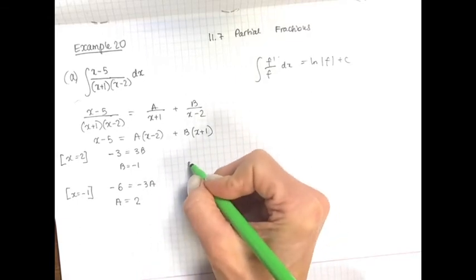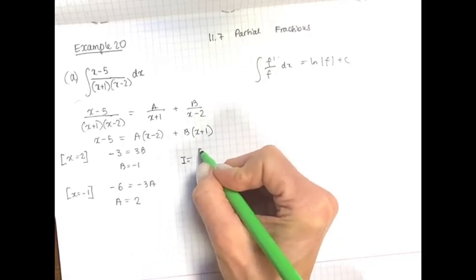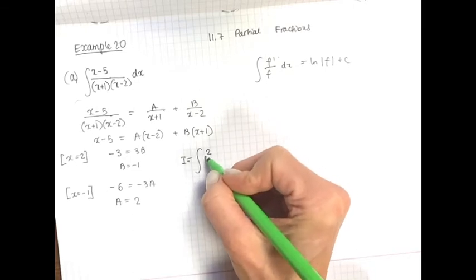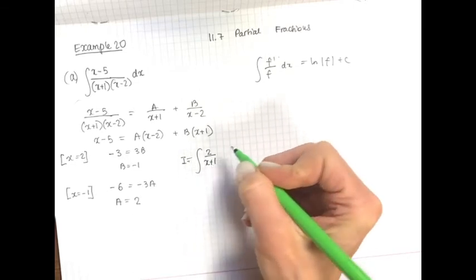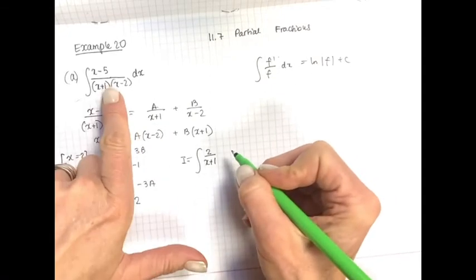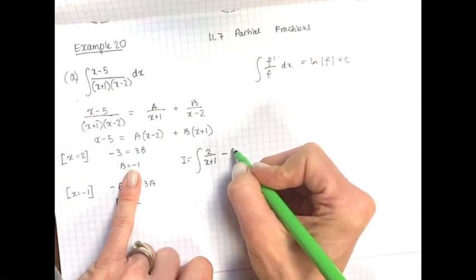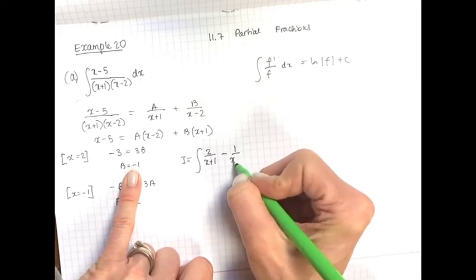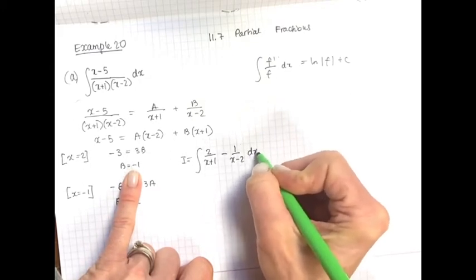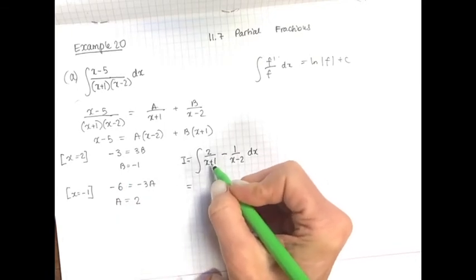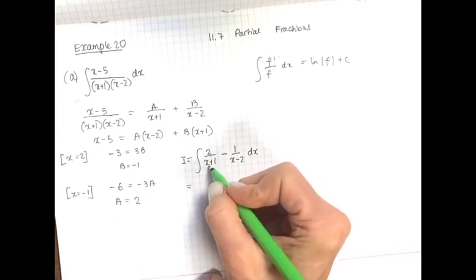So our integral becomes the integral of 2 over x plus 1, minus 1 over x minus 2 dx. I'm rewriting our integral in terms of these, with minus 1 for b. This is a quick ln function, because you've got a linear function in the bottom.